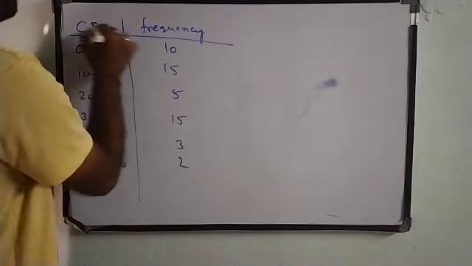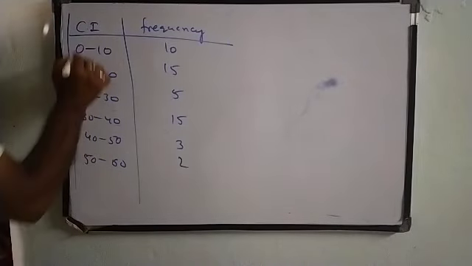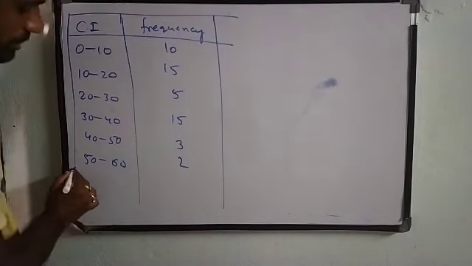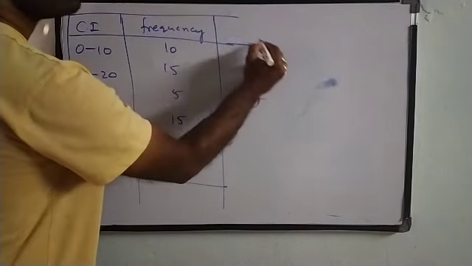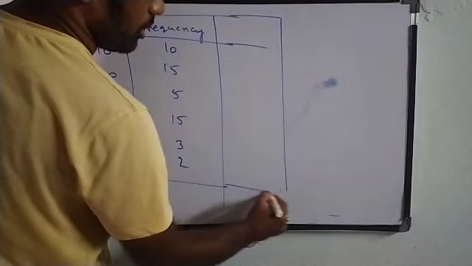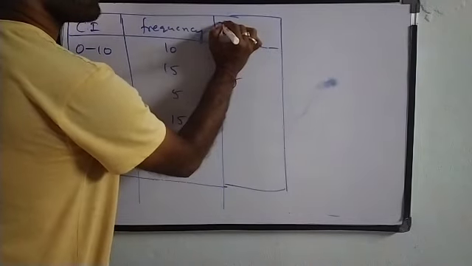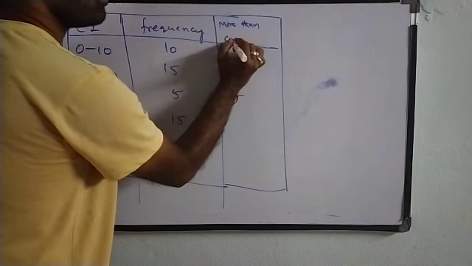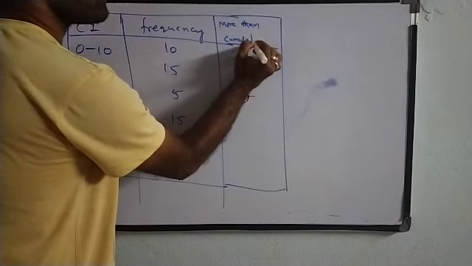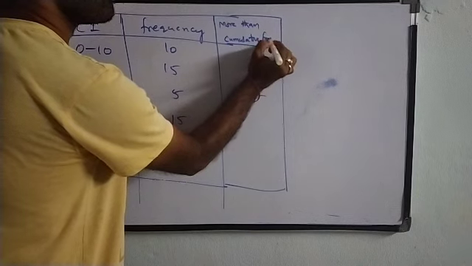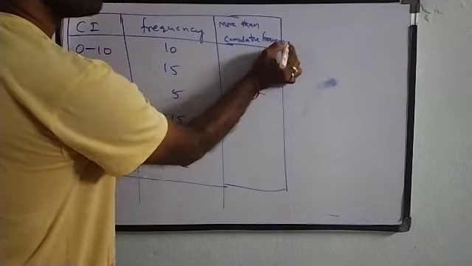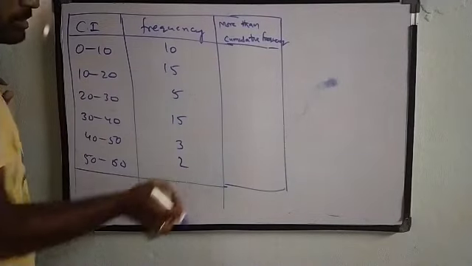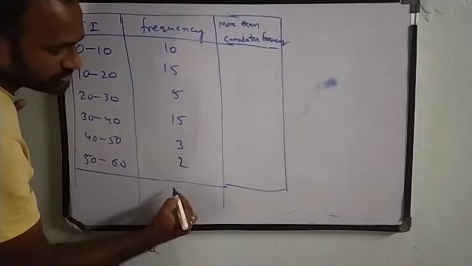Now we are drawing the more than OG curve. While drawing it, we require the more than cumulative frequency, so the third column will be more than cumulative frequency. First of all, we need to add all these frequencies.